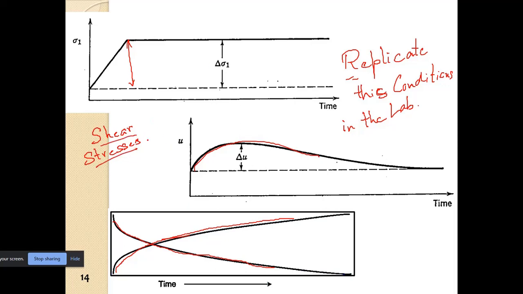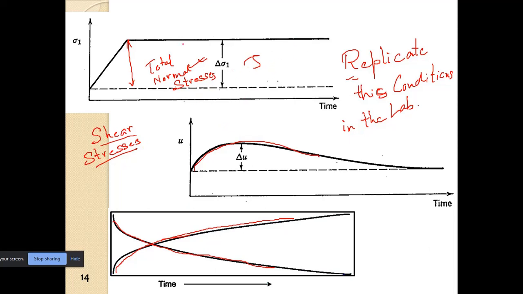Now, as soon as a load is applied, the total normal stresses, which are sigma 1, sigma 2, and sigma 3, will increase, no doubt. But with that the shear stresses will also increase.